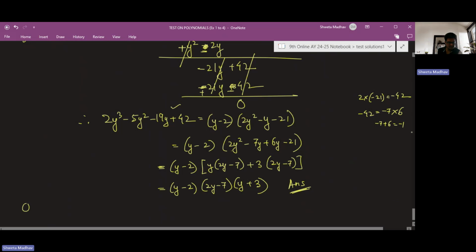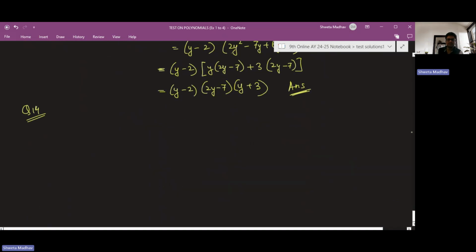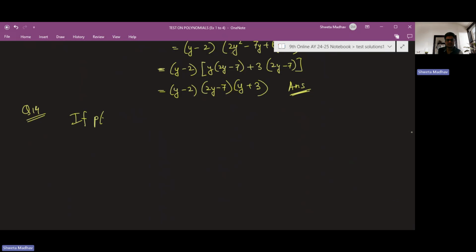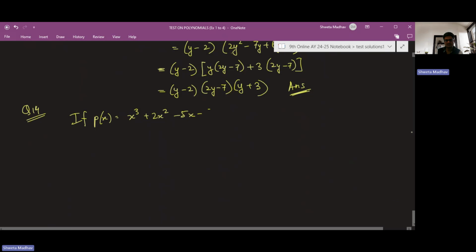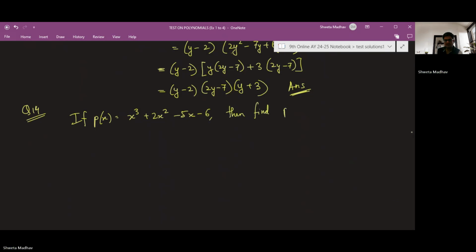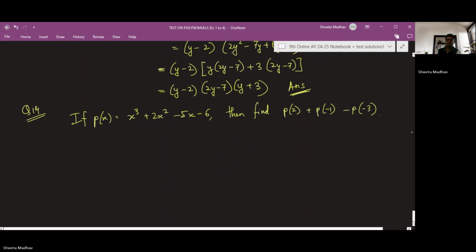Then in question number 14, it is told that if p of x is equal to x cube plus 2x square minus 5x minus 6, then find the value of p of 2 plus p of minus 1 minus p of minus 3.